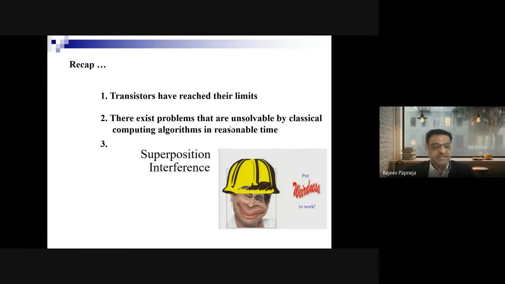The weirdness that we saw in quantum computing, the two weirdnesses that we went through yesterday, was superposition, having 0 and 1 at the same time, and interference, the dual particle behavior as a particle and as a wave.